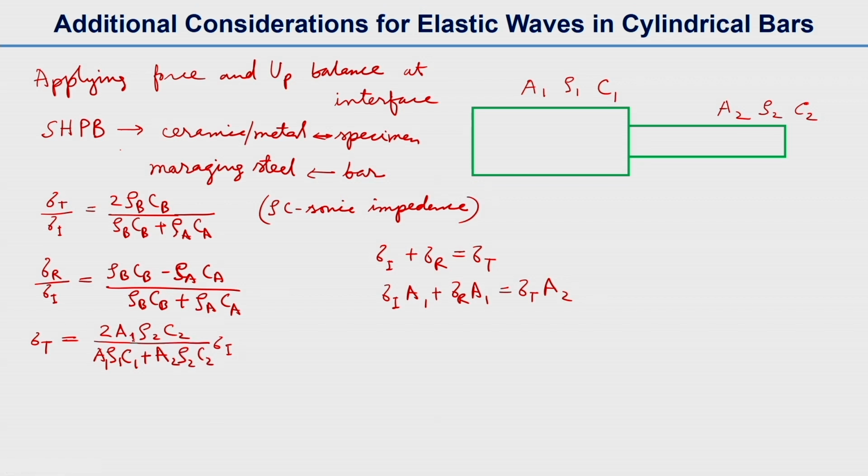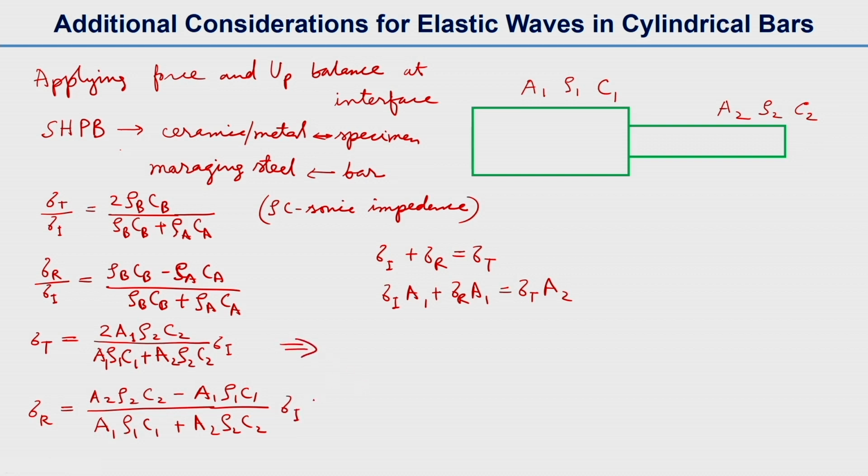Here it is important, this is A1, not A2, with rho 2 and C2 in the numerator. Similarly for sigma r, this will be A2 rho 2 C2 minus A1 rho 1 C1 divided by A1 rho 1 C1 plus A2 rho 2 C2, multiplied by sigma I.